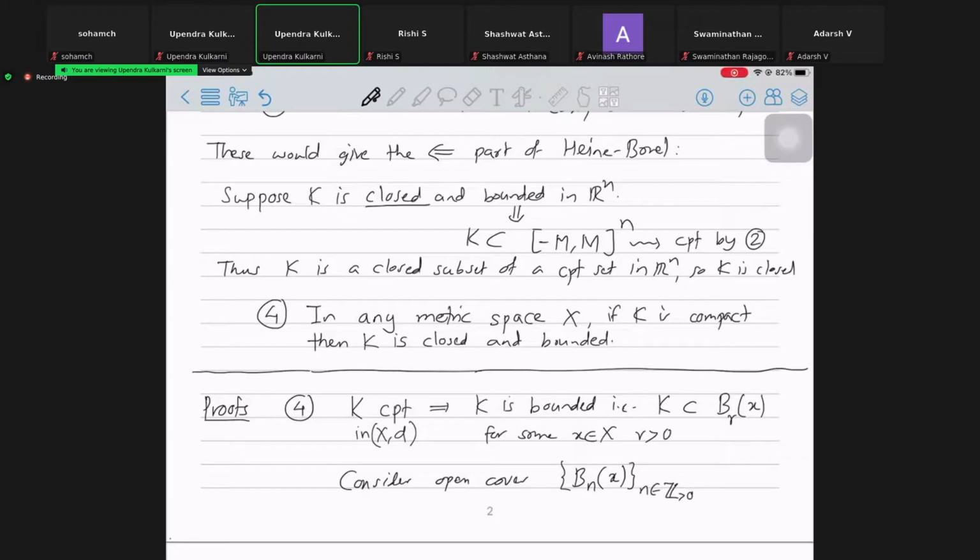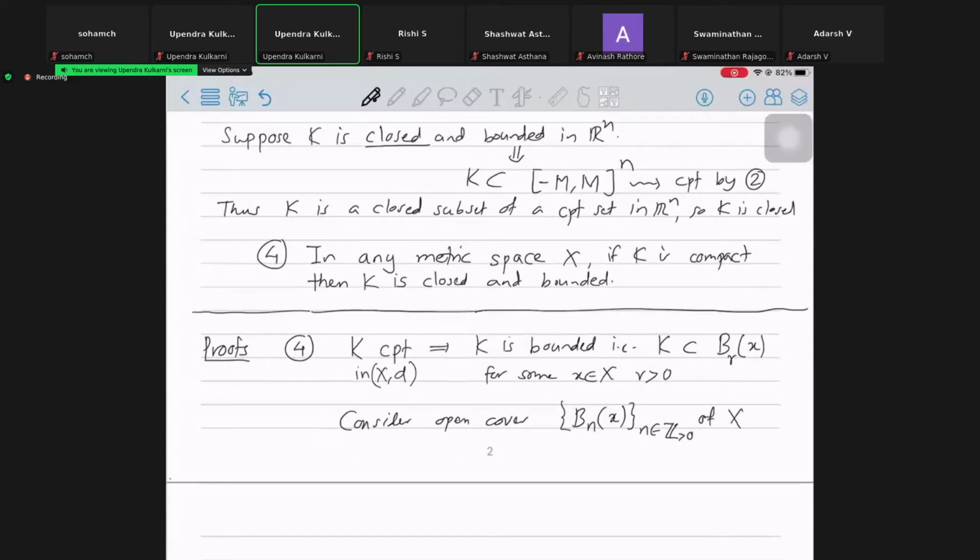So basically, I am simply taking balls of radius 1, 2, 3, and so on. So this is a cover of K, but in fact, it is a cover of X also, and hence of K.